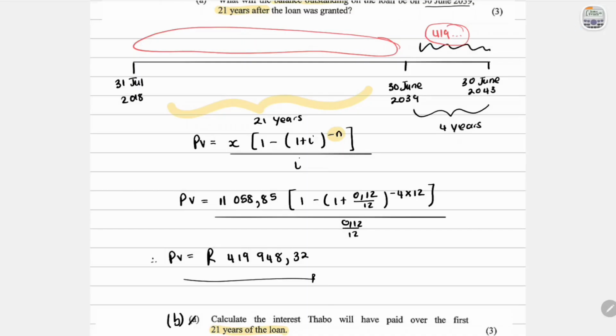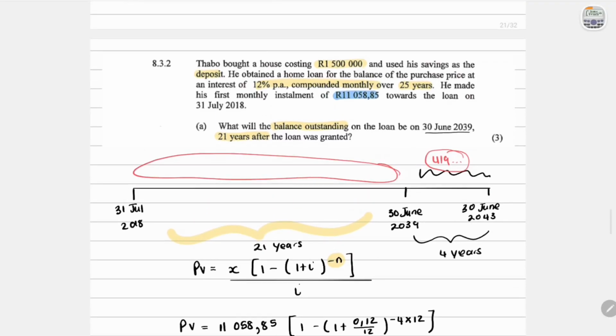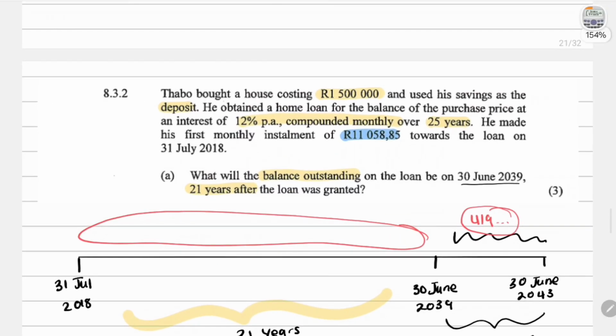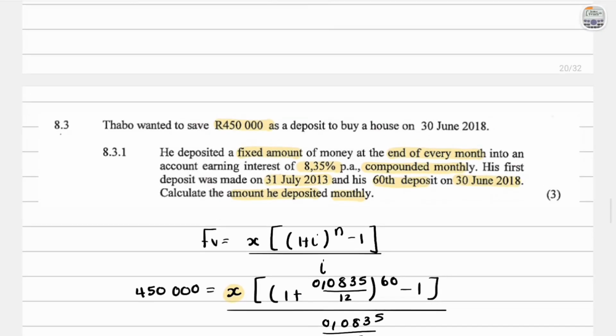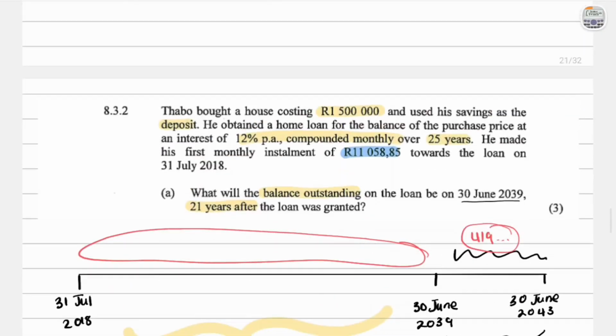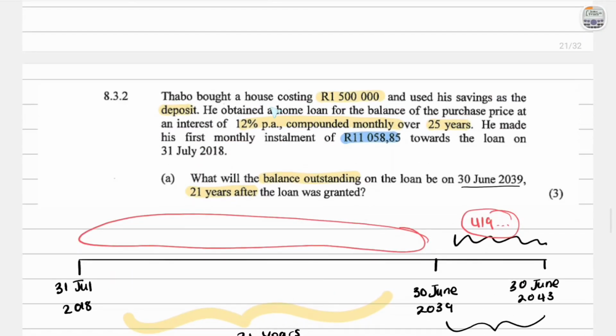Okay, so we need the entire loan. And to find out what that was, remember that he bought this house costing 1,500,000, but he paid a deposit. This 450,000 Rand was a deposit that he paid. And they tell us this over here. They tell us that he obtained a home loan for the balance of the purchase price.